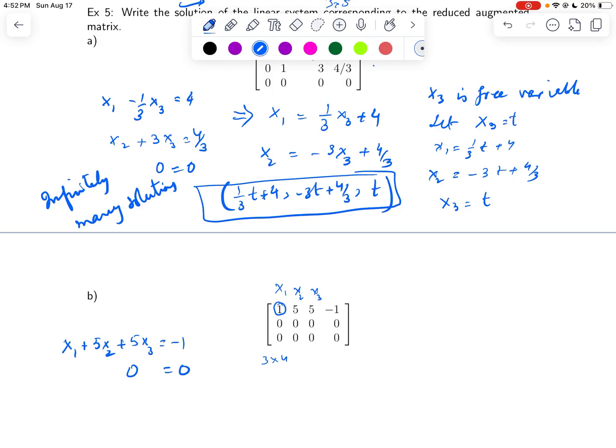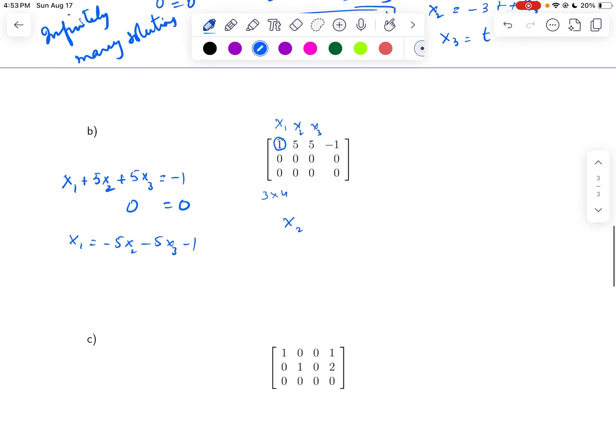So I can say x1 equals negative 5x2 minus 5x3 minus 1. Now, because these are free variables, they should have a separate symbol to represent them. So let x2 equal to t and x3 equal to s.